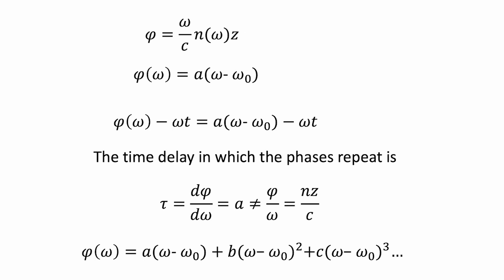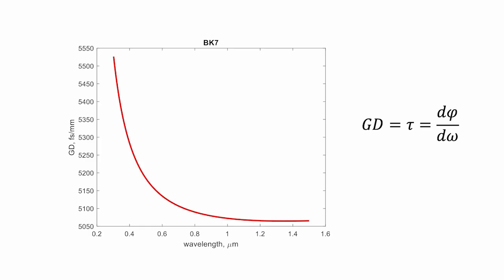Now, if we have a more complex shape of the frequency dependence of the phase, with second and third order terms, you not only have a different time delay, but you will have distortions. And that's what I will try to show you. In the next slide, you can see the group delay, now calculated per millimeter across the BK7 glass as a function of the wavelength.